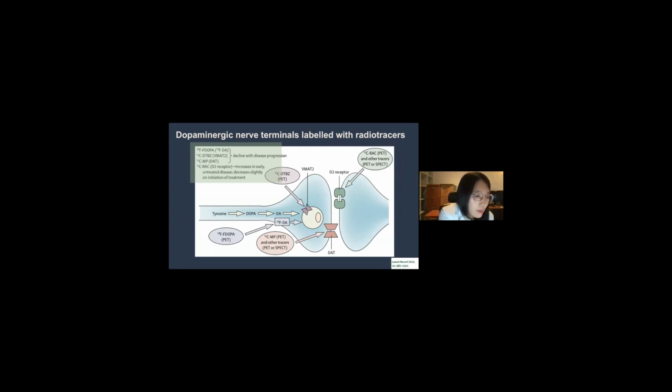The vesicular monoamine transporter type 2, VMAT2, is labeled by C11-DTBZ, and the membrane dopamine transporter DAT can be labeled by C11 methylphenidate or various other agents suitable for PET or SPECT labeling. Dopamine D2 receptor availability can be labeled by C11 raclopride, which is sensitive to the synaptic level of dopamine.